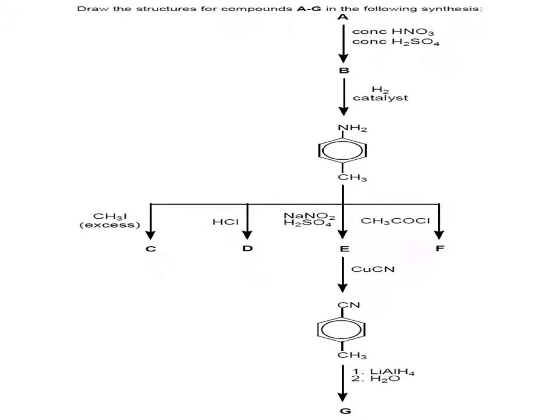You can see here that we've got a synthesis in which we turn whatever compound A is into compound G down here at the bottom, and we do this via a number of stages.